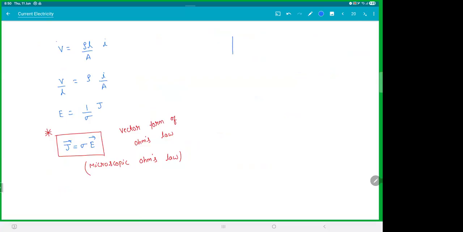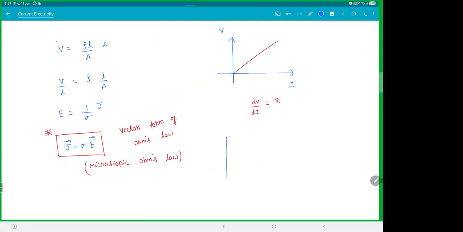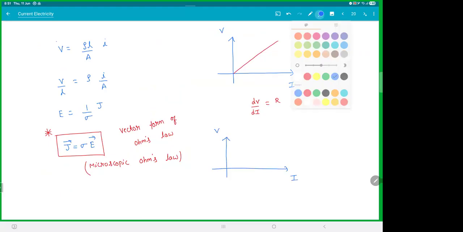And if you try to plot a graph, voltage versus current, if you get a line passing through the center, then dV by dI is resistance. But sometimes you will observe the VI graph is not a linear function. It might be a curve.